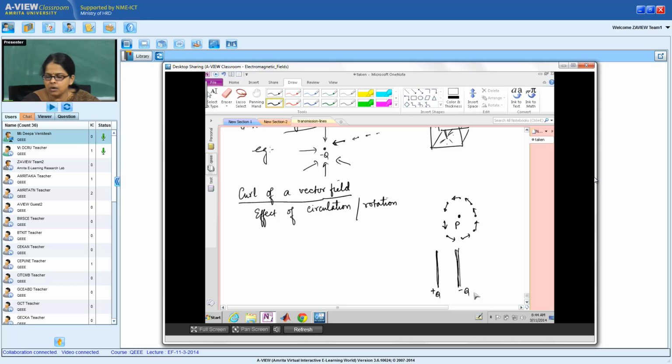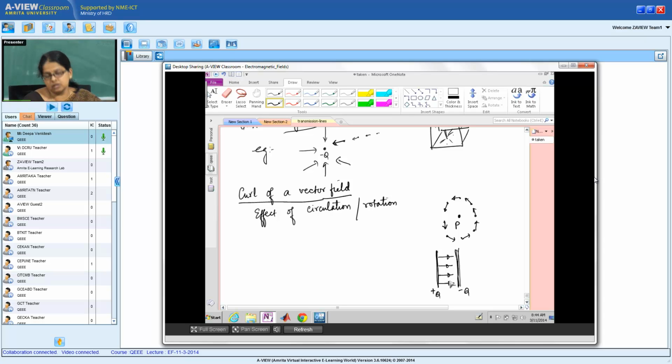Now I want to know what is the electric field between the two plates of the capacitor. I know that it's going to be from plus to minus, even from our Coulomb's law we can write this. So I draw this electric field.